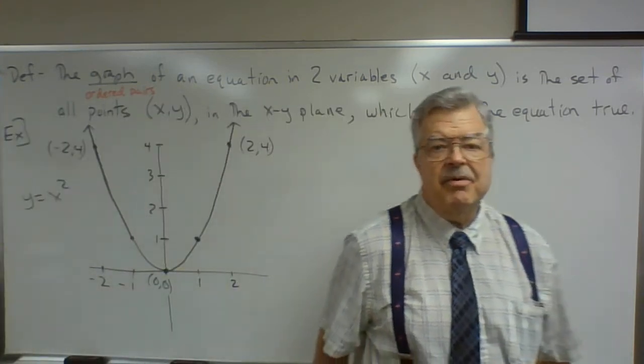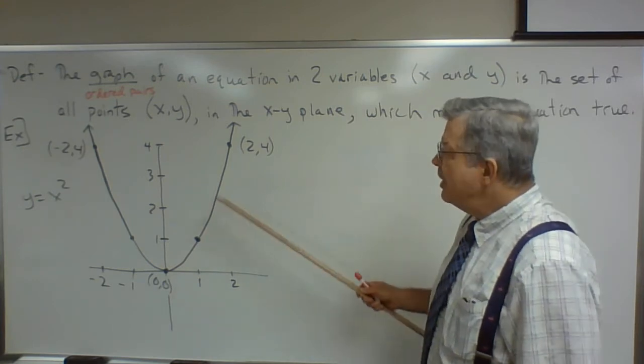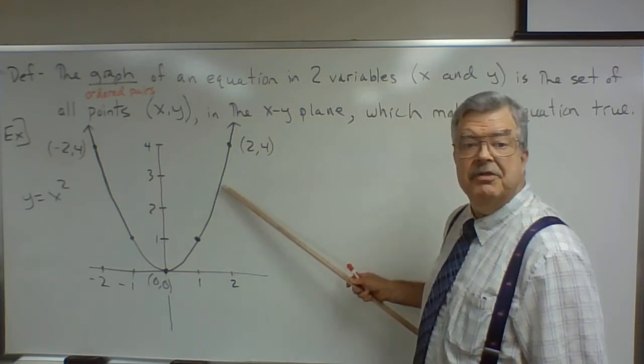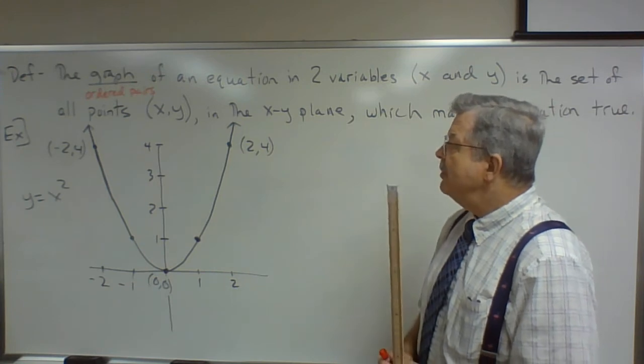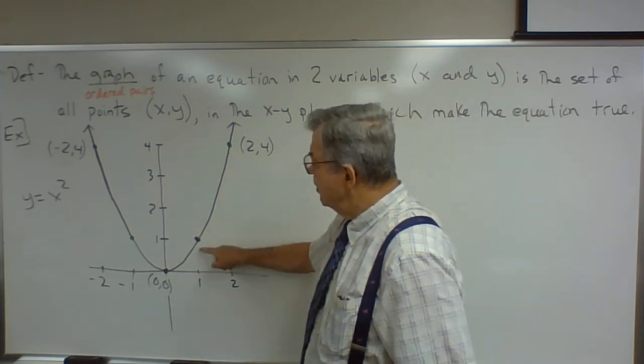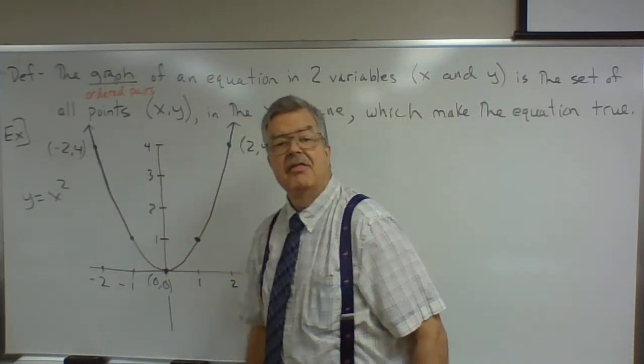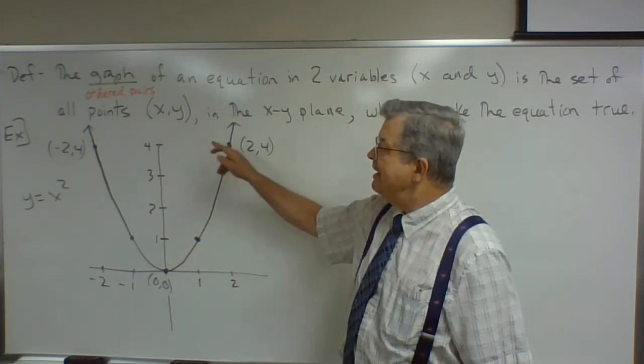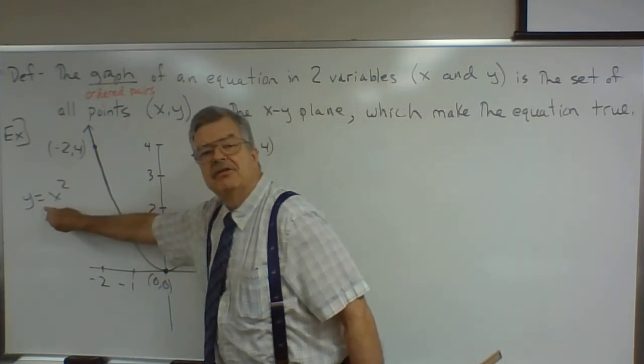Now, right now, we're probably wondering, well, how do we know this is what the graph looks like? How do we know that this is the set of all ordered pairs in the xy plane that make this equation true?